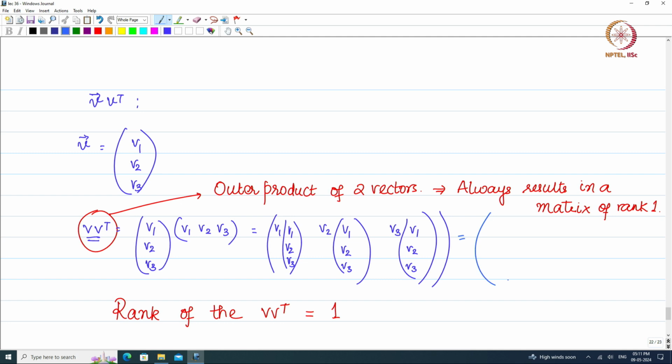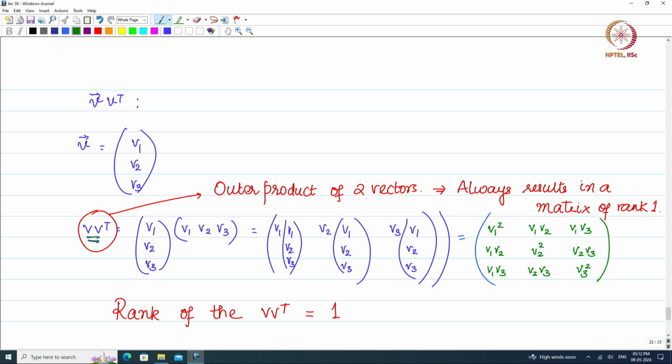This matrix is basically equal to V1 square, V1 V2, V1 V3; V1 V2, V2 square, V2 V3; V1 V3, V2 V3, V3 square. That is interesting.